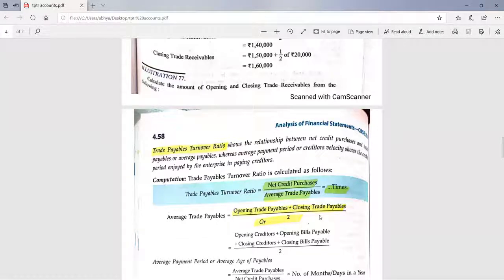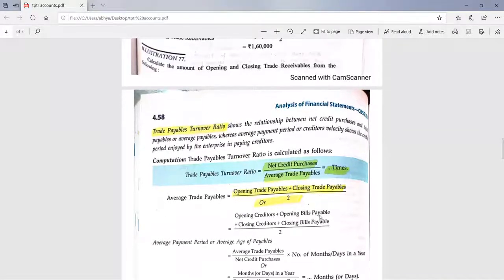There we were taking net credit sales because we were calculating receivable ratio. Receivables come into existence because of credit sales, so similarly payables come into existence because of credit purchases. So the formula is net credit purchases upon average trade payables, and the answer will be coming again in times.